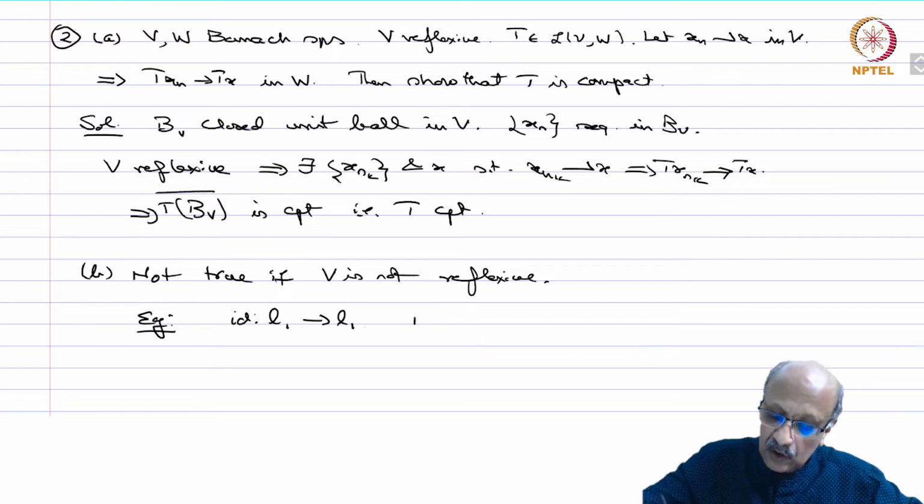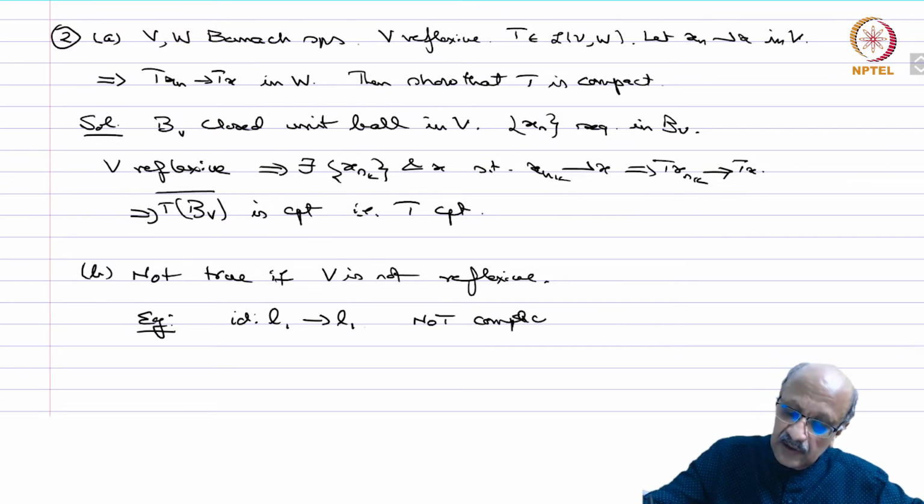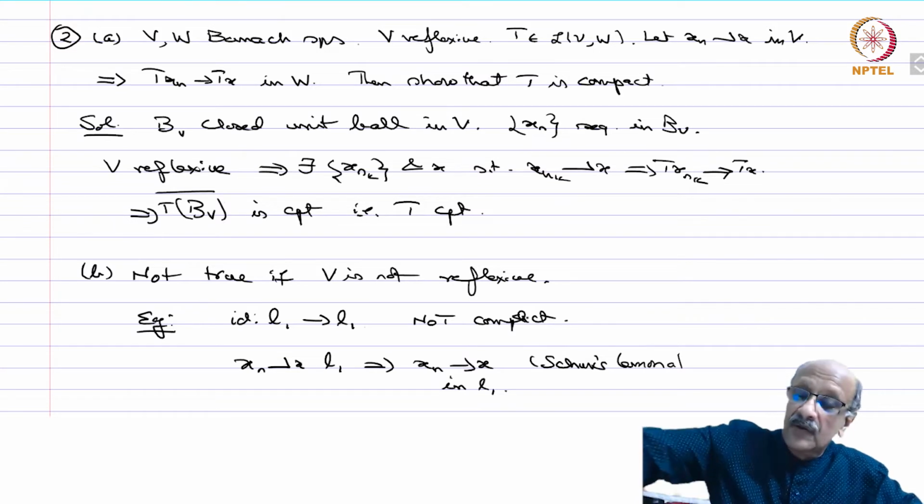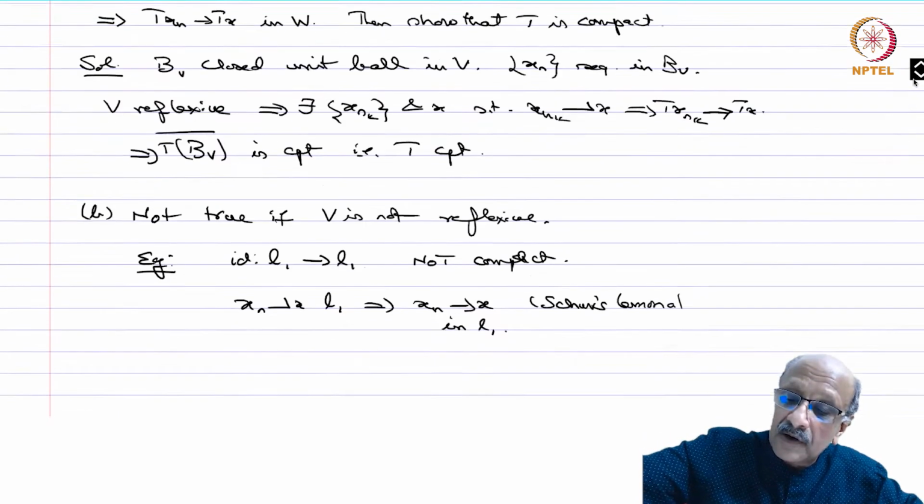Okay, so this is not compact because L1 is infinite dimensional, so the identity map is not compact. But if x_n converges to x weakly in L1, this implies x_n converges to x in norm. This is Schur's lemma. Therefore, this condition is satisfied, but the mapping is not compact. So the reflexivity is important in this.